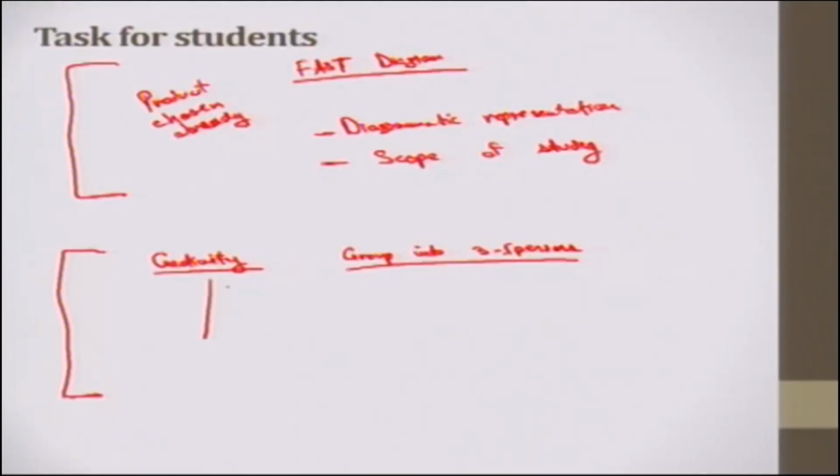Come up with ideas for product A: how to accomplish function X, how to accomplish function Y, how to accomplish function Z of product A. Please work on this. Create ideas, use some technique like brainstorming. Then you can even checklist various questions.